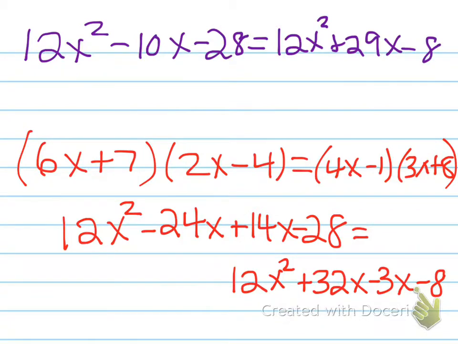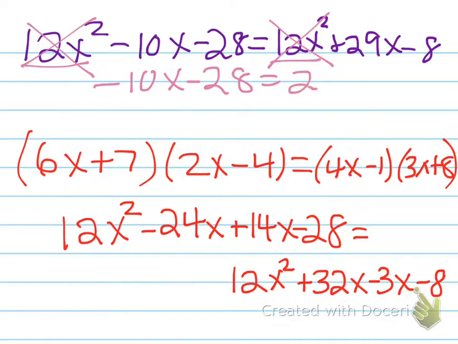Now, this is the cool part because we have an equal sign. See 12x squared? Since it is on both sides, you can cross these out. And now all we need to do is solve negative 10x minus 28 equal to 29x minus 8.